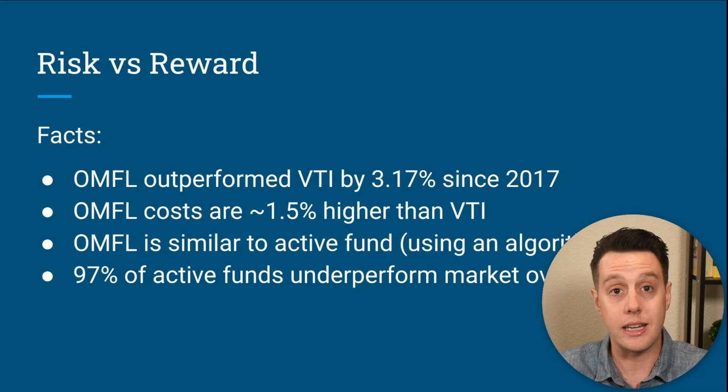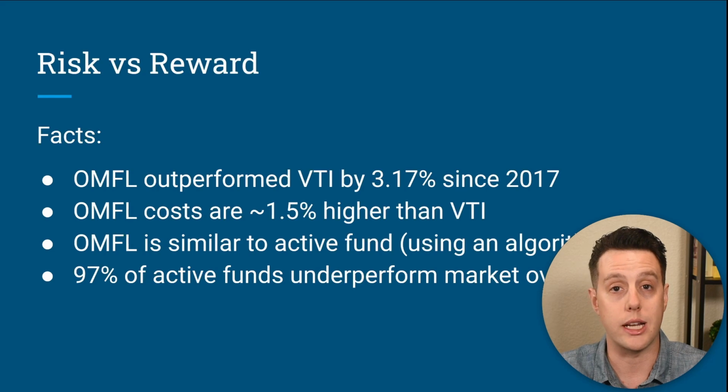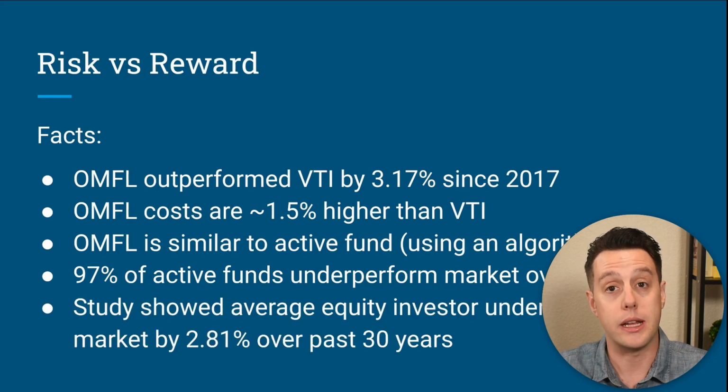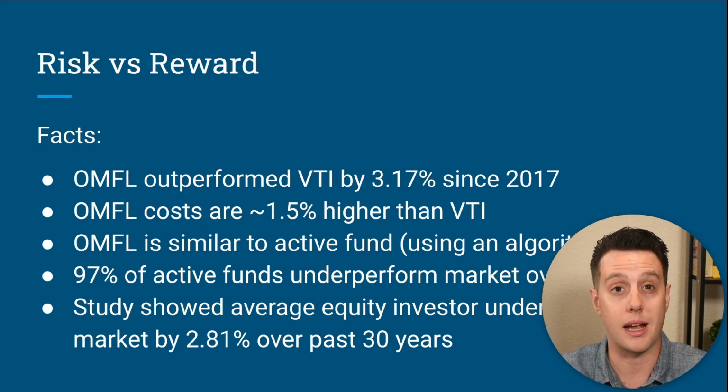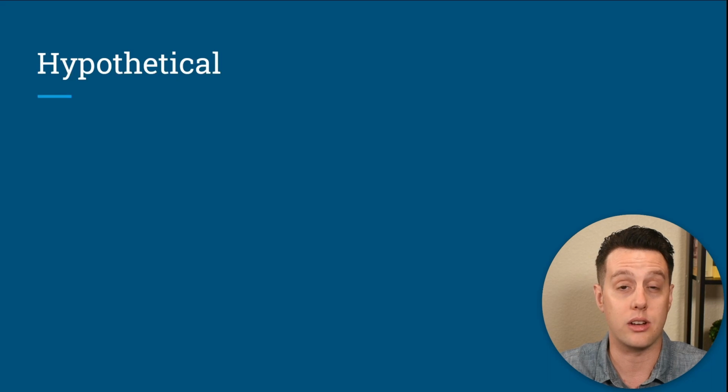As we saw, 97% of active funds underperform the market over 20 years. The average equity investor underperformed the market by 2.81% over the past 30 years. So these are some of the facts I think are most relevant to consider.